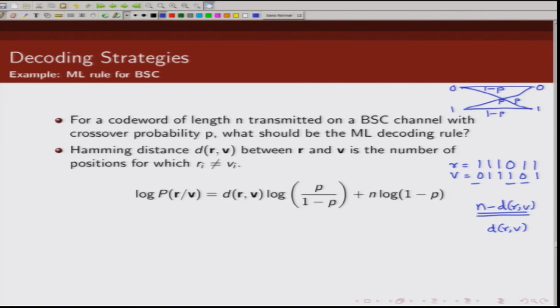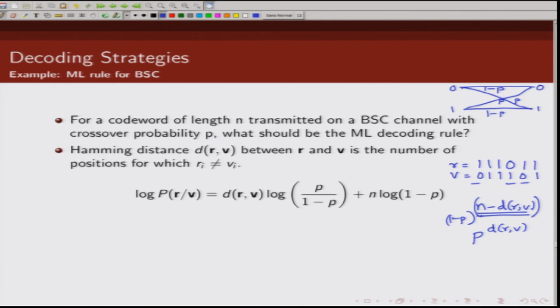So, what is the probability that d bits got flipped? That is given by p raised to the power d of R and V, and the probability that n minus d bits were received correctly is given by 1 minus p raised to the power of this quantity.